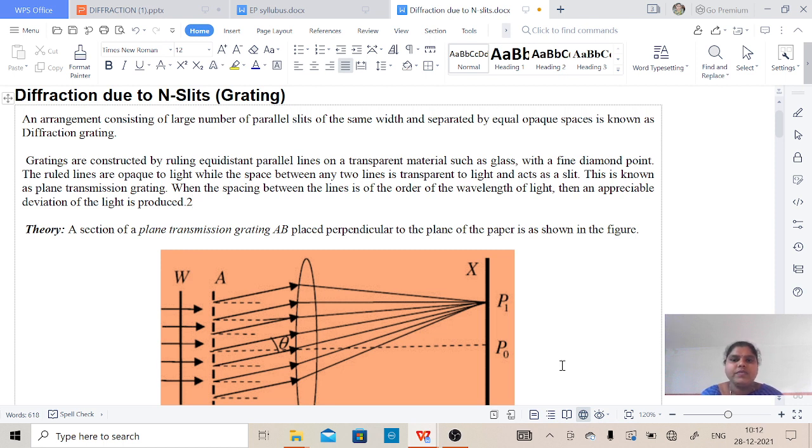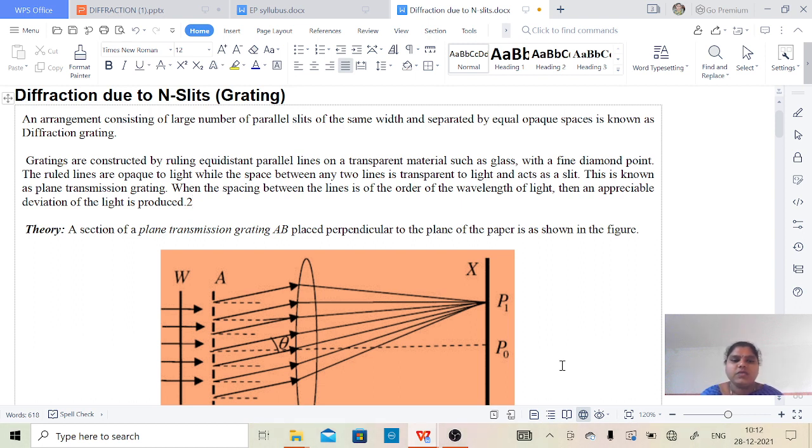So the lines dividing the slit into equal parts act as an opaque medium, that means not transparent, and the space between the lines is a transparent medium which acts as a slit. This is known as a plane transmission grating.